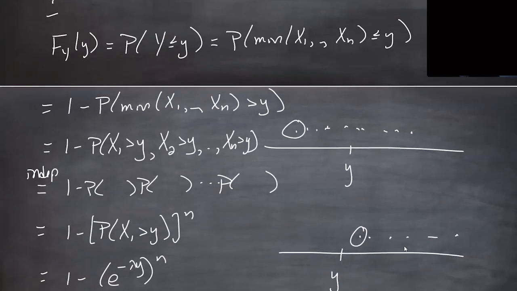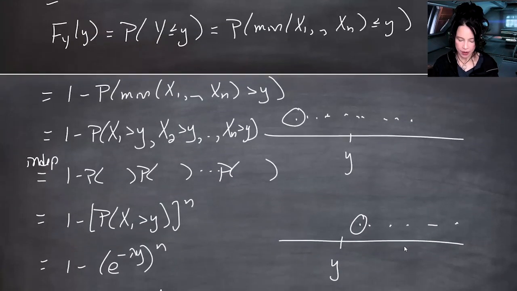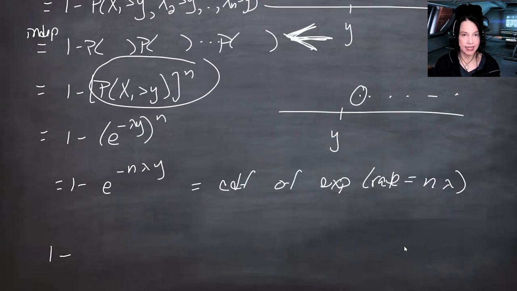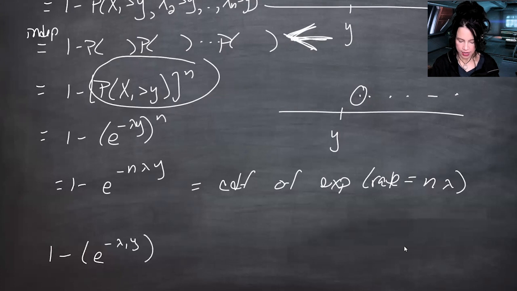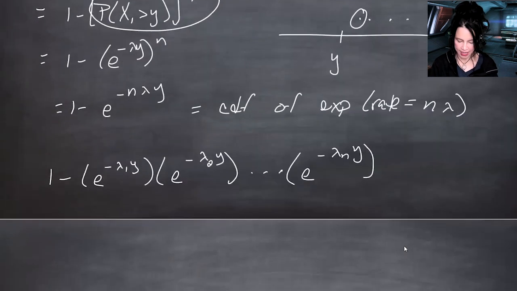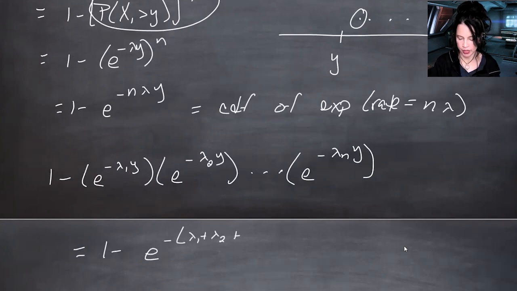We could also show, using the same kind of technique, that if they're not the same exponential, then we wouldn't get the same probability to the nth power. What we would get is 1 minus a tail probability for one exponential times a tail probability for another exponential, out through another tail probability, which is going to be 1 minus e to the minus lambda 1 plus lambda 2 plus through lambda n, times y.